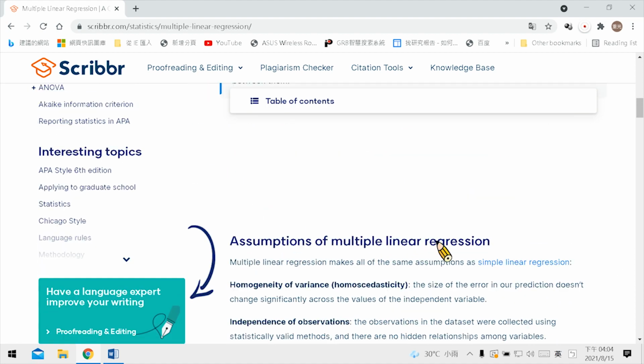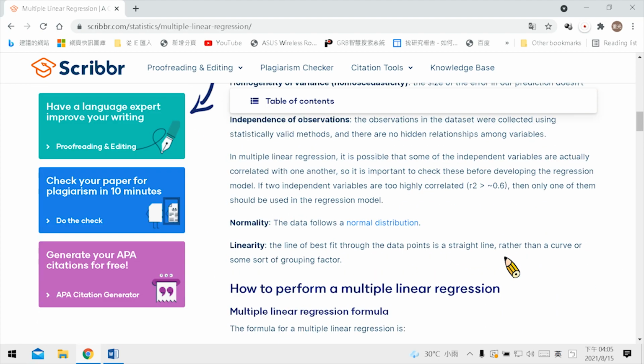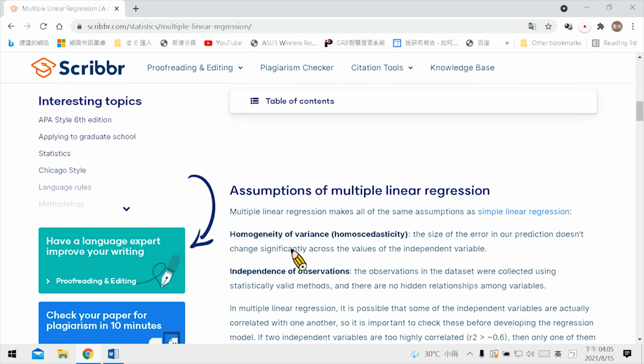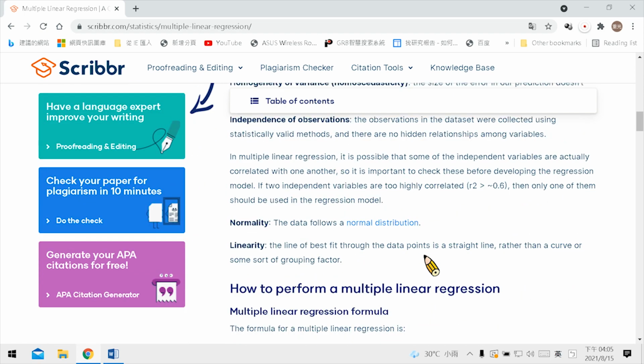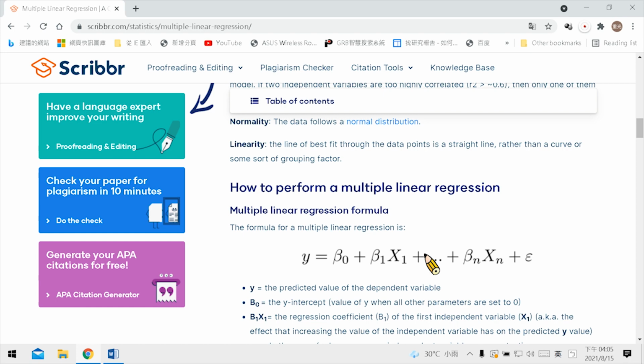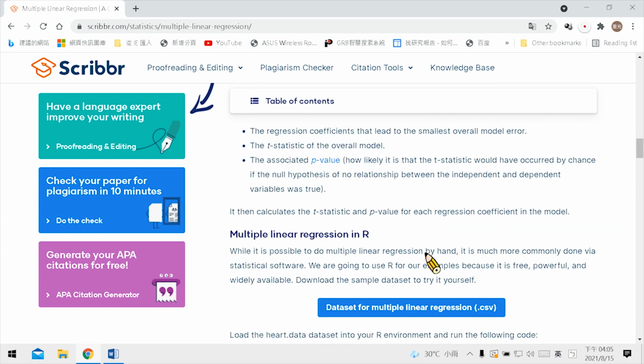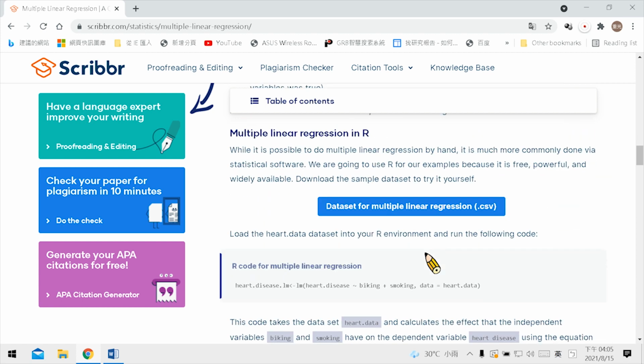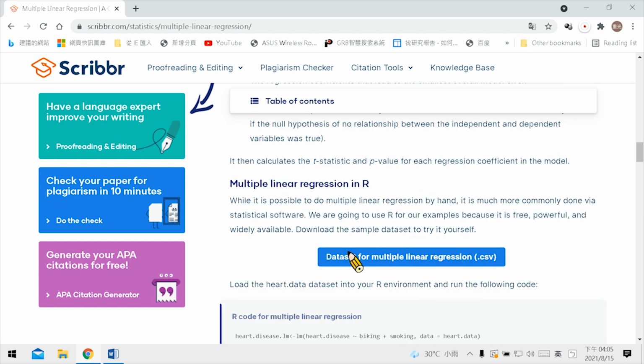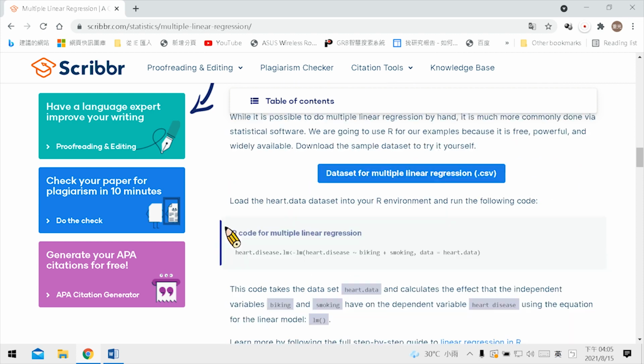Okay, so the assumptions of multiple linear regression, you need to have, like, a normal distribution, that is kind of an assumption. Okay, and it also has some examples you can run in Excel or SPSS.